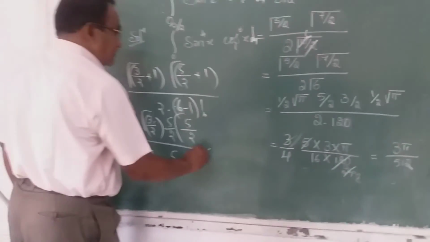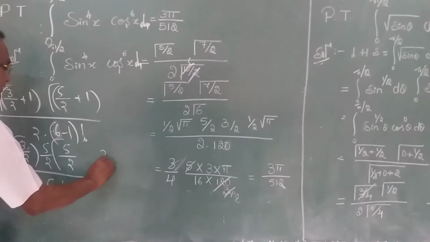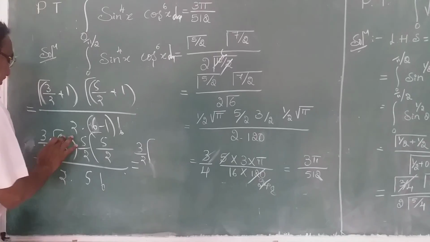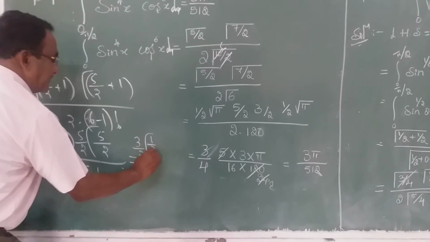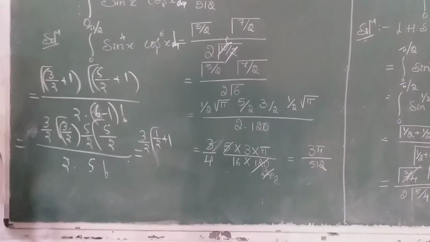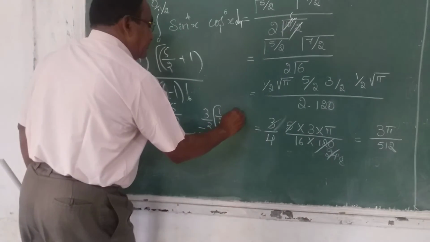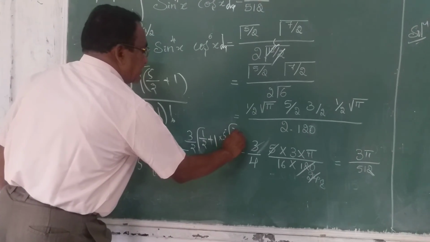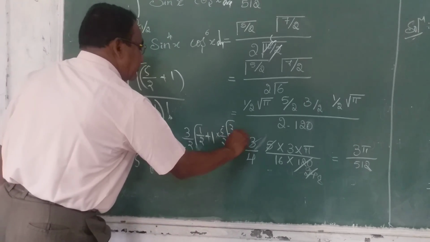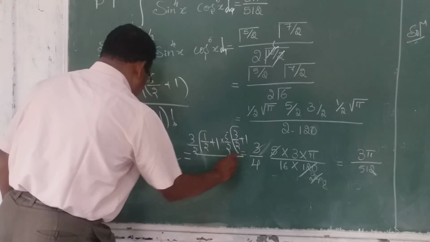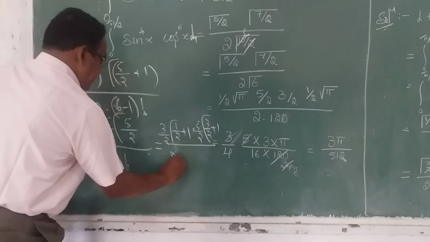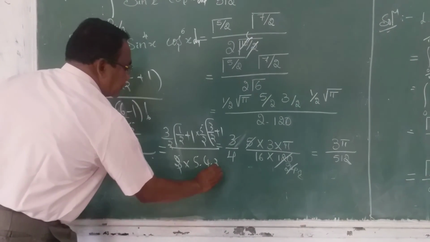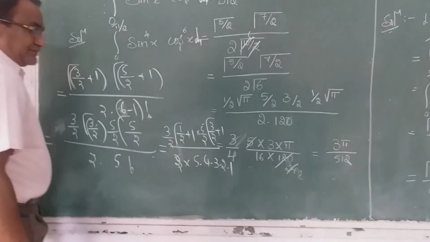This is equal to, you can write 3 by 2 as it is into gamma 3 by 2 may be written as half plus 1, into 5 by 2 as it is, into gamma 5 by 2 may be written as 3 by 2 plus 1, whole divided by 2 into 5 factorial, means 5 into 4 into 3 into 2 into 1.